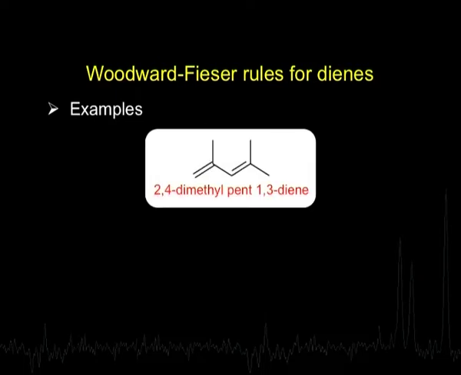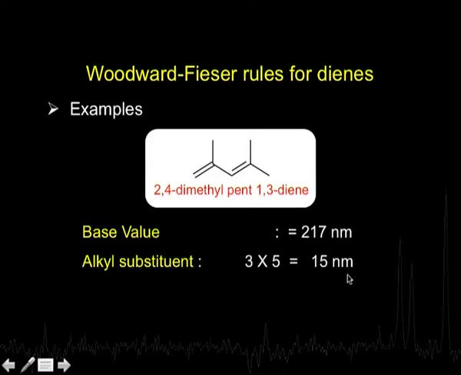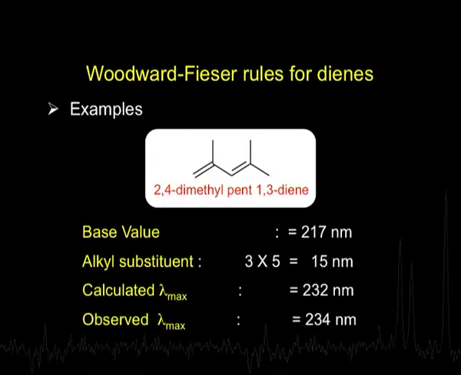Now, this system is slightly more involved. In this case the basic chromophore again happens to be an alicyclic diene, and the base value is 217 nanometers, and it is very obvious here that there are 3 alkyl substituents, 1, 2, 3, and the contribution will be 15 nanometers, which will add to give me 232 nanometers, that is my calculated value, or the value which I predict on the basis of these rules, and the observed value happens to be 234 nanometers.